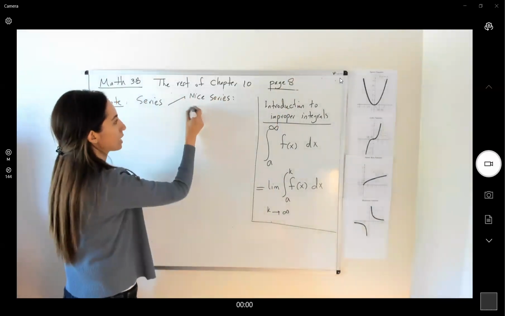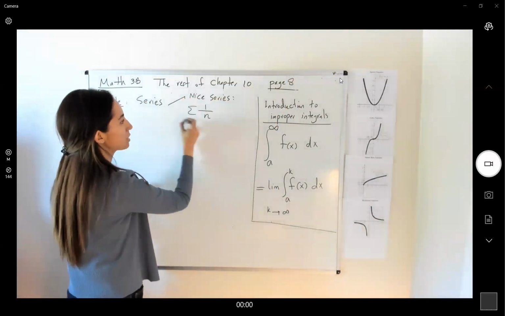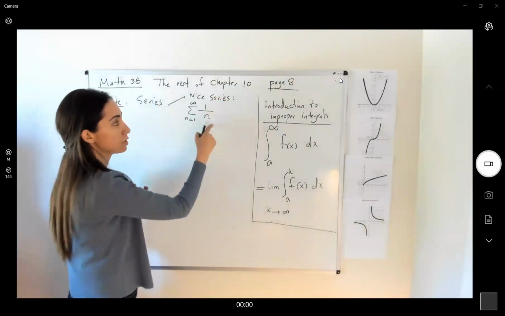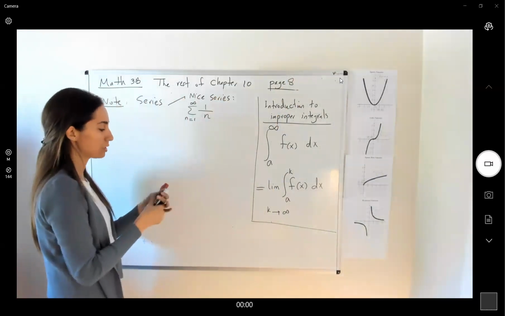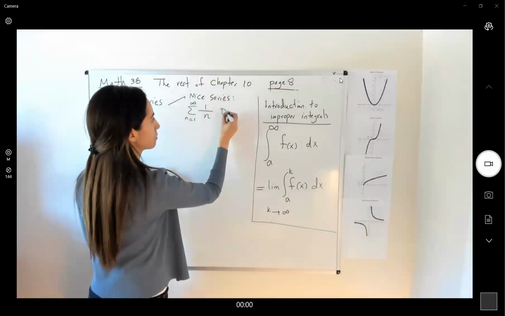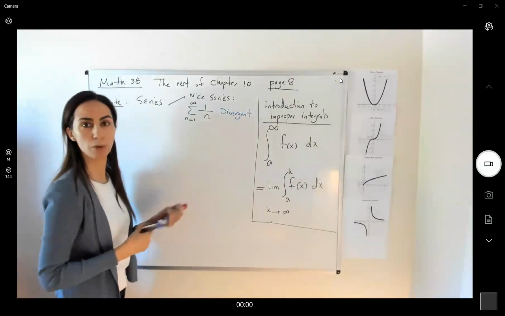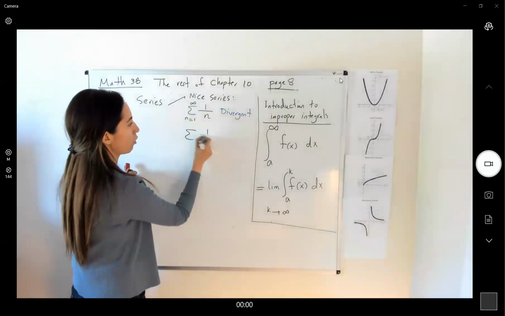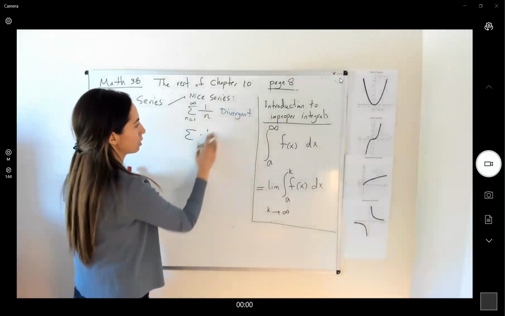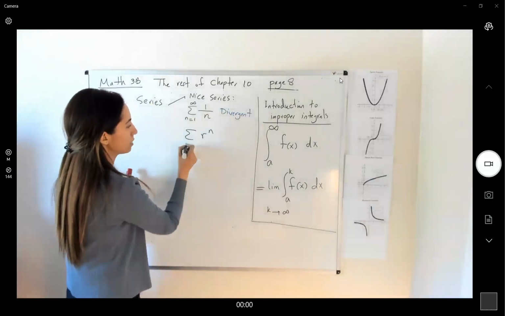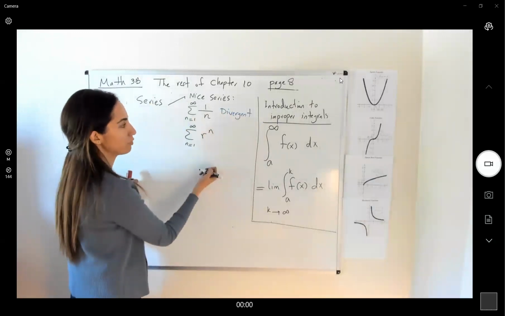You have, for example, the harmonic series, sum from n equals 1 to infinity of 1 over n. You know that it's a divergent series. Or you have geometric series, r to the n, starting from 1 to infinity.